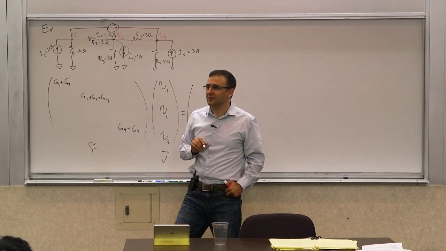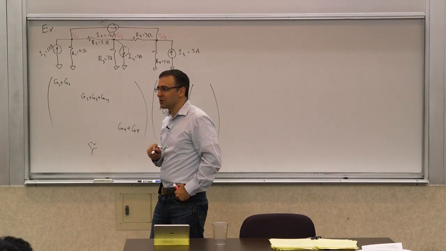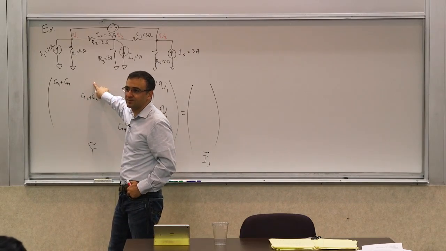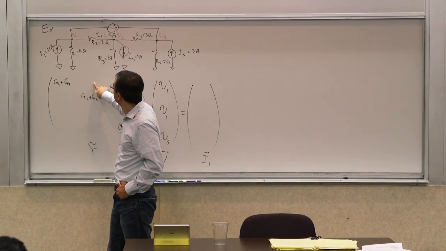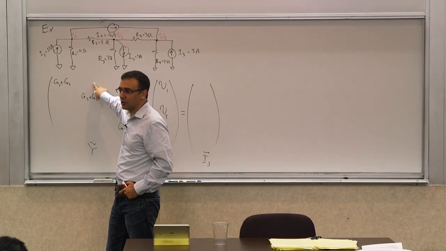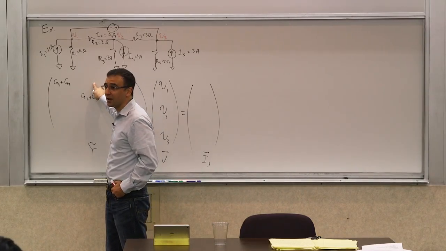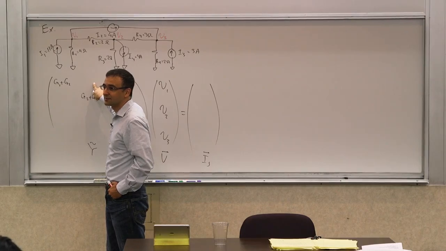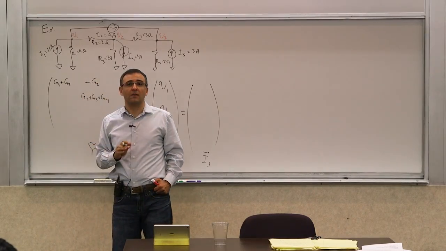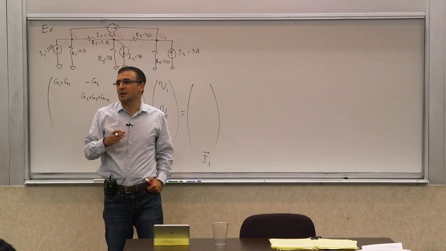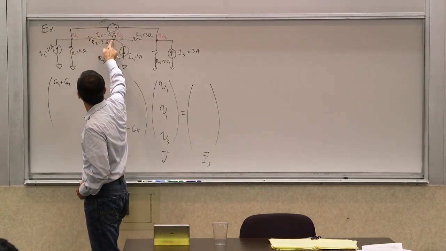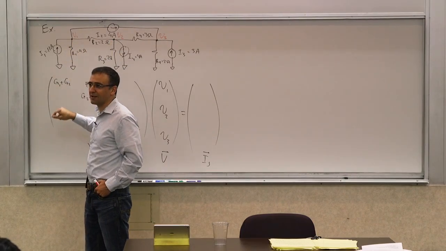Now for the off-diagonal terms, what were the terms associated with the off-diagonal? The conductance that connected between nodes 1 and 2, with a minus sign. So that is minus G2. And we saw that in the case of no dependent sources, this is going to be symmetrical, obviously, because the conductance connected between this node and that node is the same as the conductance connected between that node and this node.